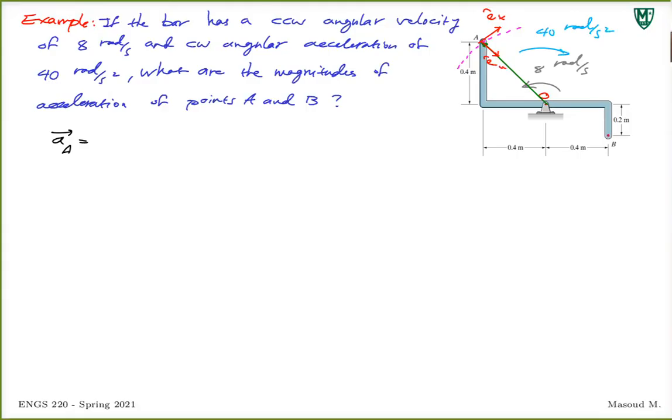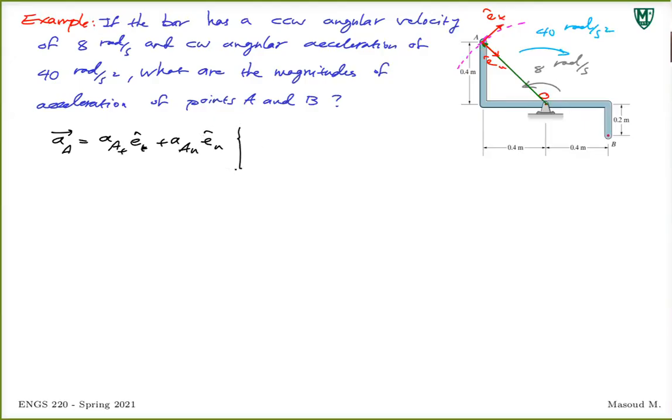You can see how crooked my path has been, so let me try to make it a little better. So A has two components. For point A, a_t e_t plus a_n e_n.